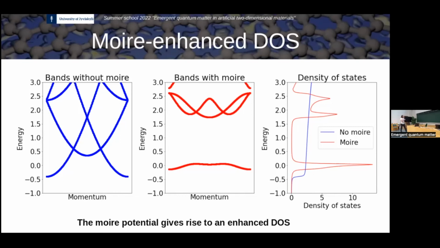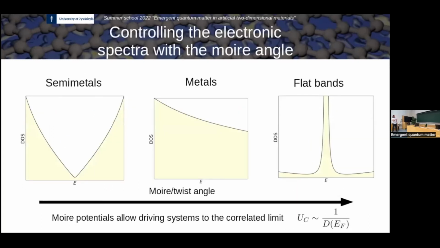As you go from a situation without moire to a situation with moire, your interactions stay the same. You can think that it's some long-range Coulomb interaction, maybe some additional local Coulomb interaction, and so forth. But just by changing the moire, you dramatically change the density of states. And thanks to this, you are capable of tuning this ratio just with the twist angle.